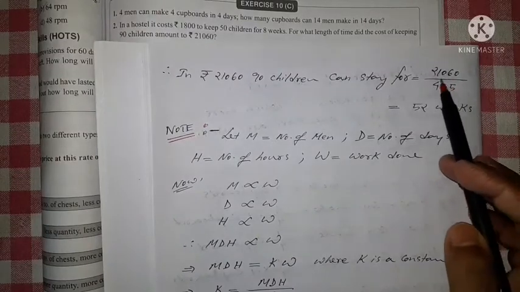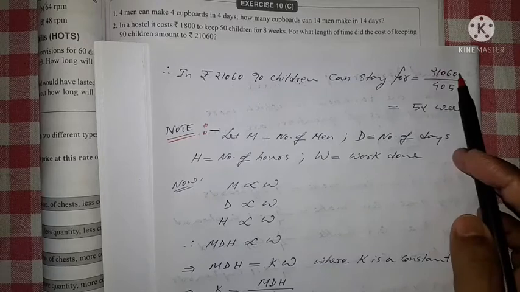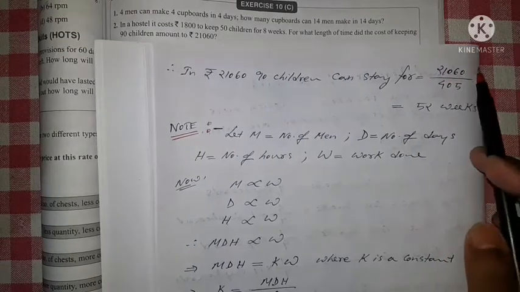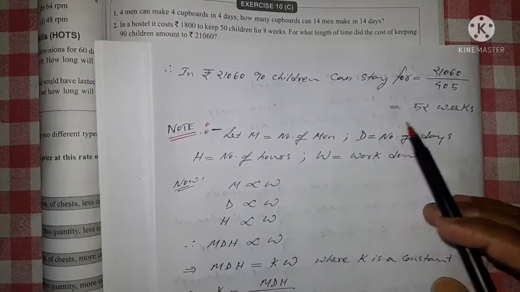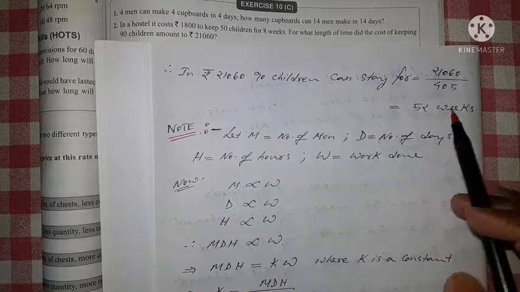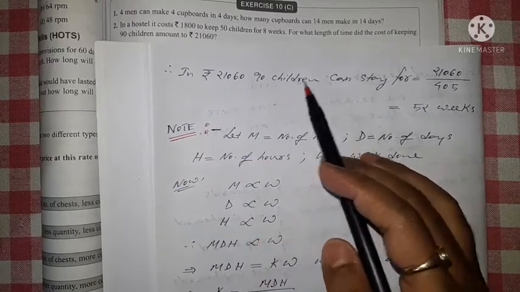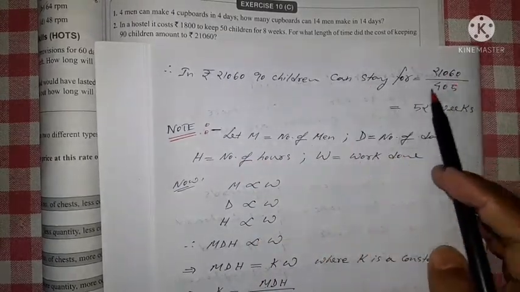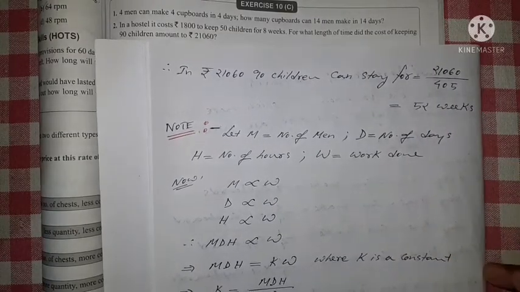If we divide 21,060 by 405 we get 52. So the answer is 52 weeks.